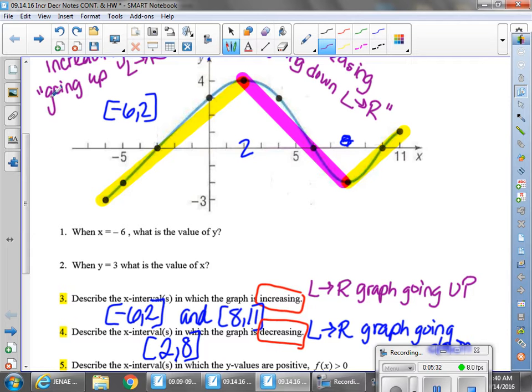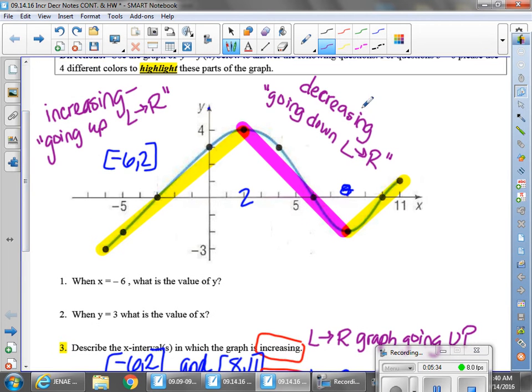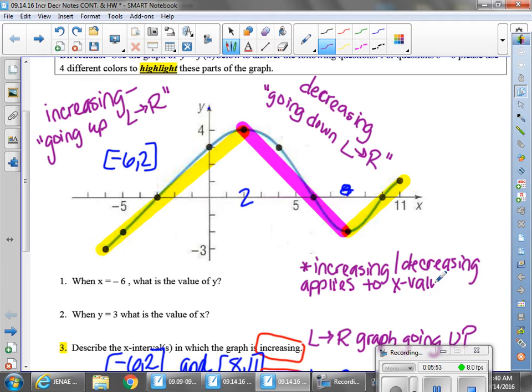Something that I really want to stress today: increasing, decreasing, applies to x values only. X values only.